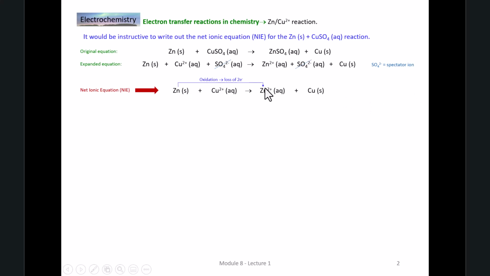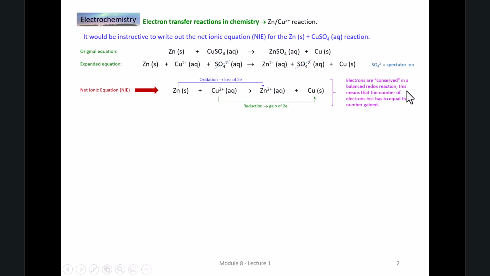Each zinc loses 2 electrons to form zinc 2+ ions, and it's the copper ions that were reduced or underwent reduction. Each copper ion gained 2 electrons to form copper metal. So this is a redox reaction because there's an obvious electron transfer going on.